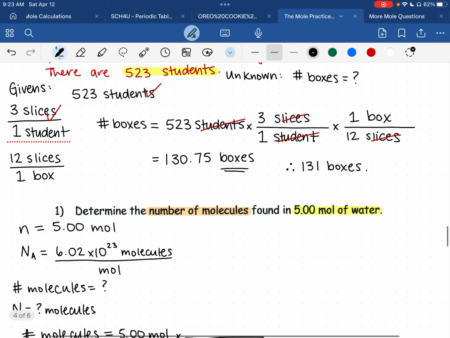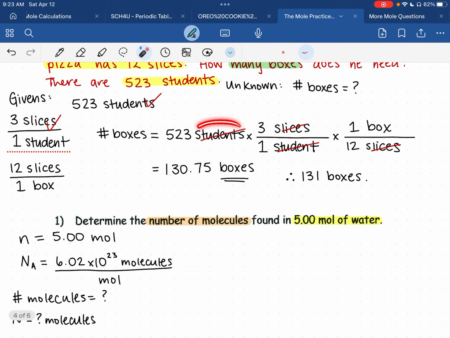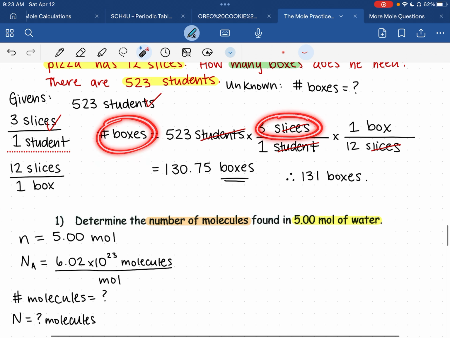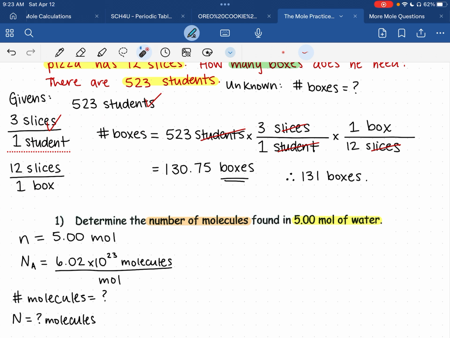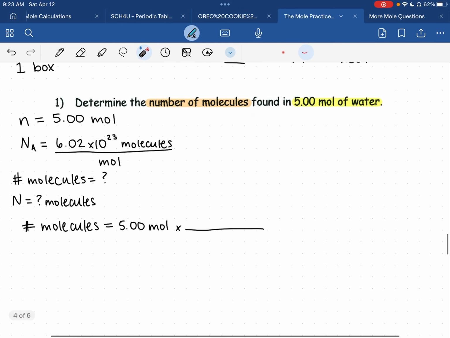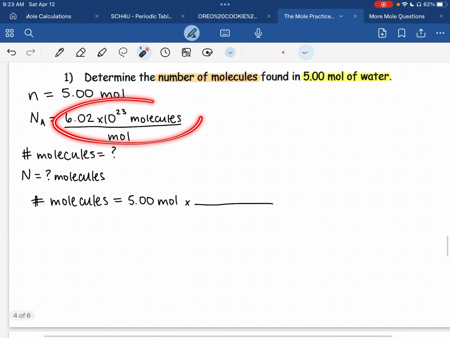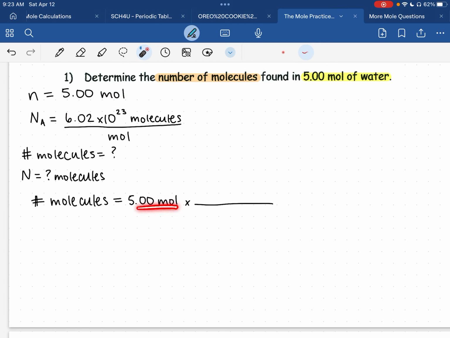If I scroll up for a second here, up here we had students, and students had to cancel with students. So that stayed the same over here. But then once I canceled the students, I needed to cancel out slices because I wanted to get to boxes. So I had to flip this fraction, so that slices was in the denominator and boxes was in the numerator. For this one, I don't need to flip this fraction because I already have moles in the numerator here, and I need moles in the denominator.